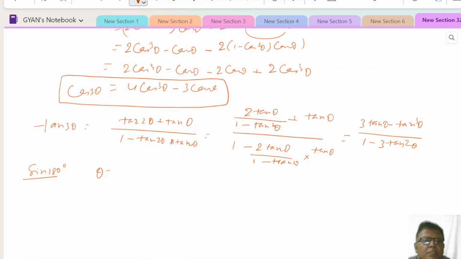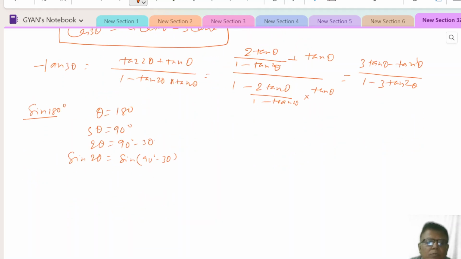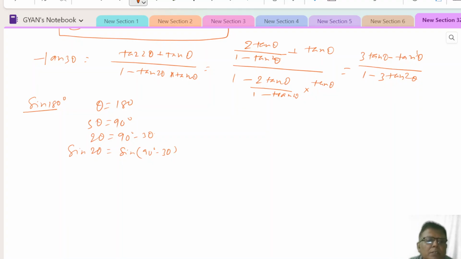Suppose theta is 18 degree, then 5 theta is 90 degree, then 2 theta is equal to 90 degree minus 3 theta. Now take sine both sides. So sine 2 theta is equal to sine of 90 degree minus 3 theta, that is sine 2 theta is equal to cos 3 theta.